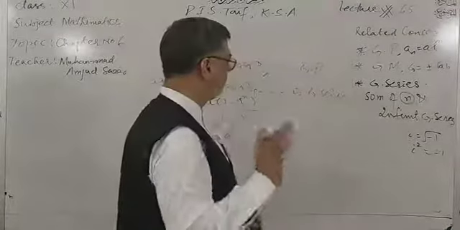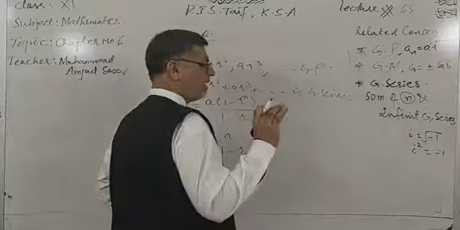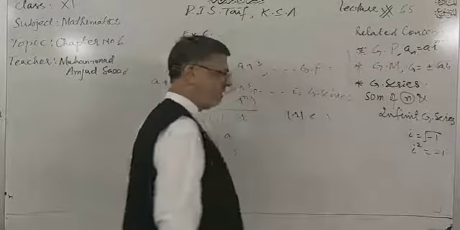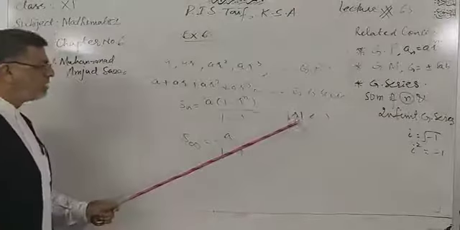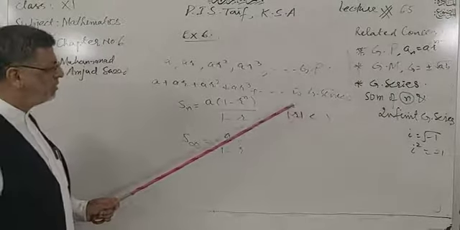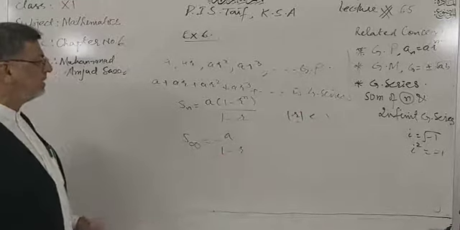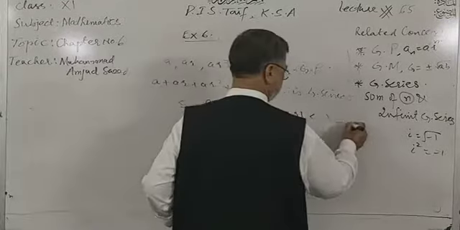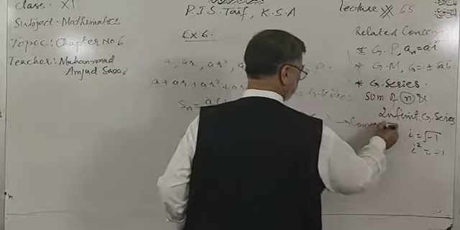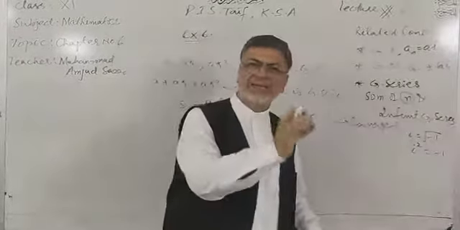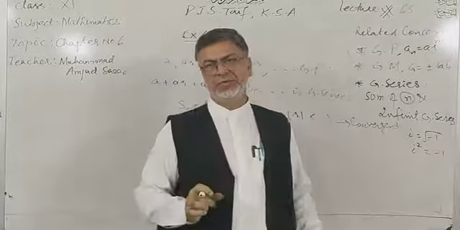Dear students, very easy to memorize and understand. If the numerical value of the common ratio R is less than 1, then the series is convergent. Convergent means approaching a fixed value.